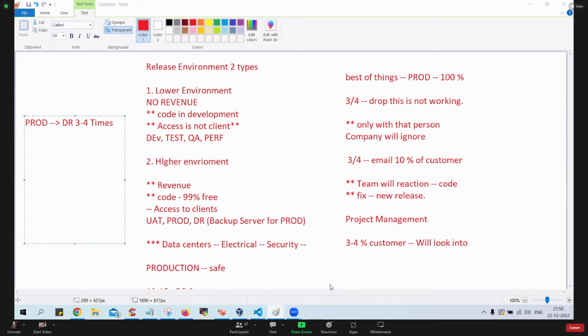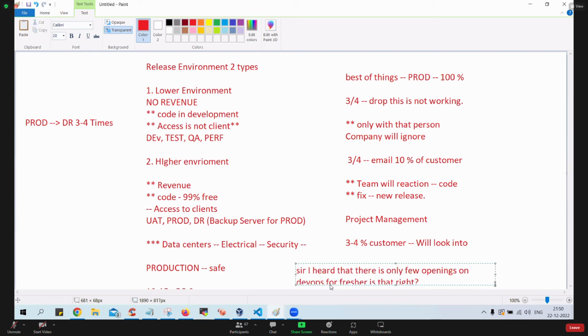So I'm getting this question: I heard that there are only a few openings in DevOps for freshers. Is that right? So please don't make the wrong assumptions. Whether you have openings for experienced people, for mid-experience, or for freshers, it's all demand coming from the market only, guys. Let me give an example.